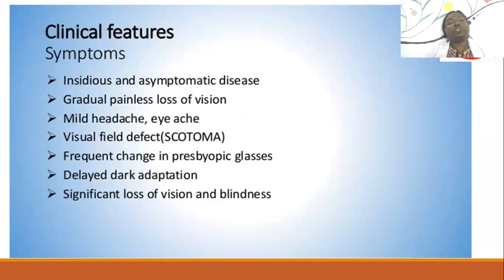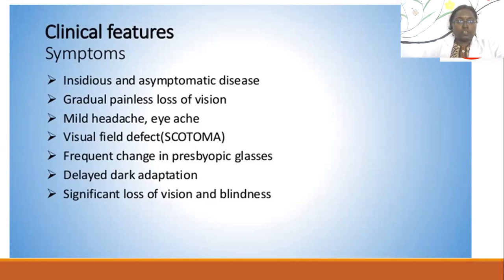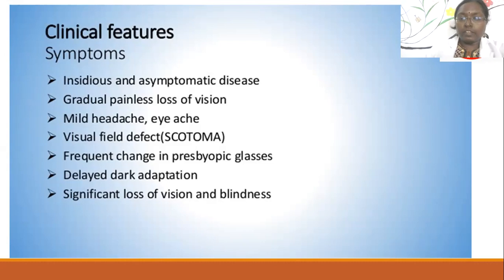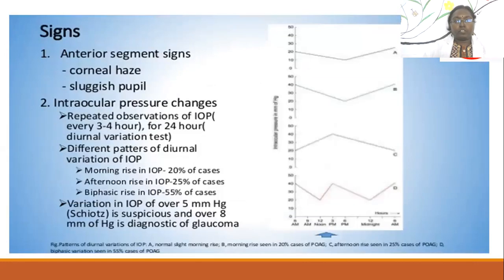Symptoms include gradual painless loss of vision, headache, visual field defects, patient complains of black spots, that is scotoma, and frequent change in presbyopic glasses. There is a delayed dark adaptation, and significant loss of vision and blindness.